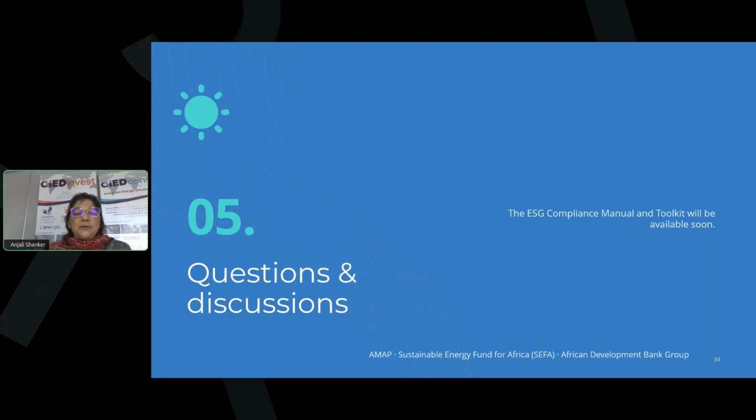You have to do your risk assessment. You have to formulate your management plans for each one of the risks which have been identified. But we also know that a full ESMS, in that sense of the word, is not affordable for a small mini grid. So I hope that this helps in terms of answering your question.